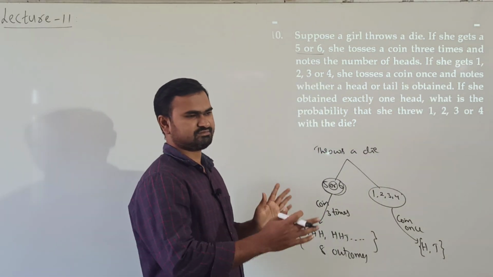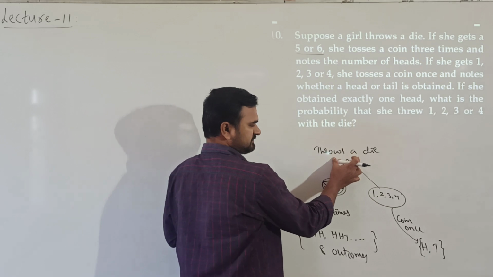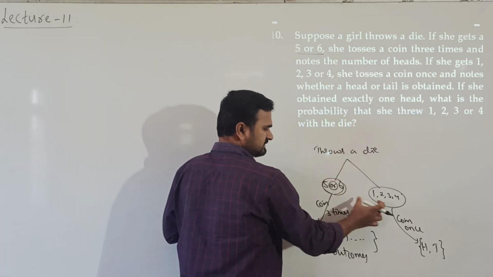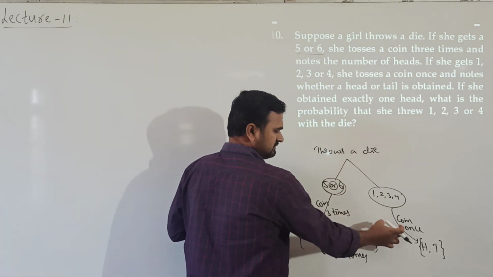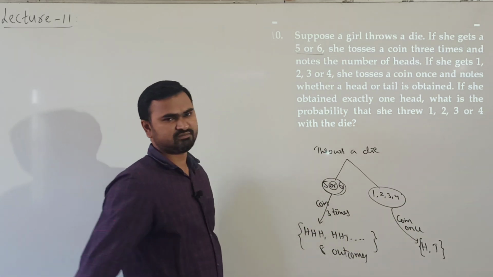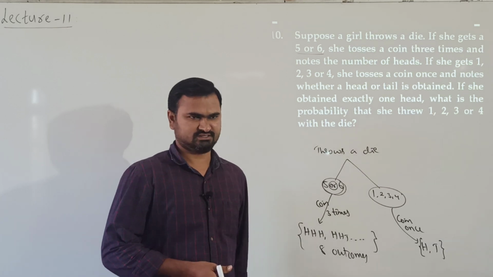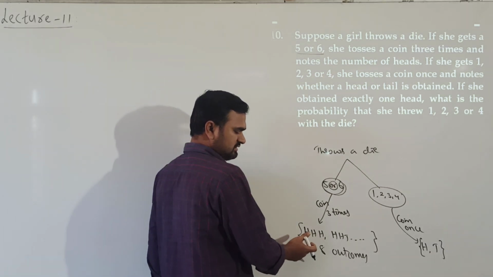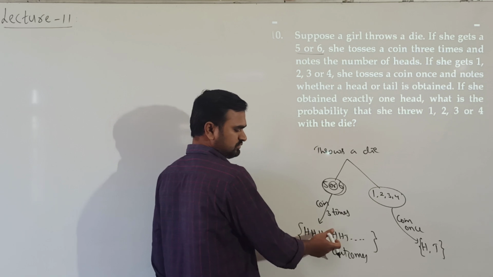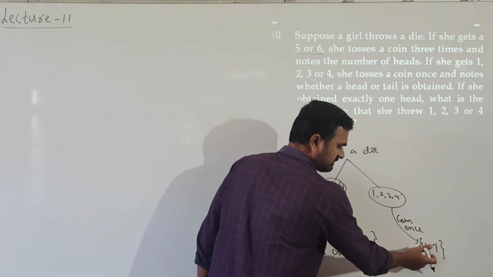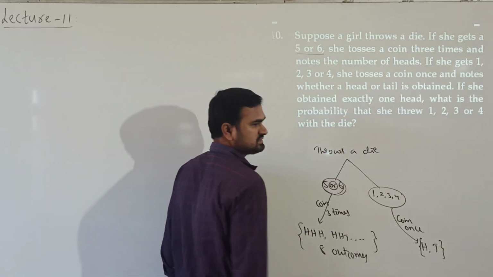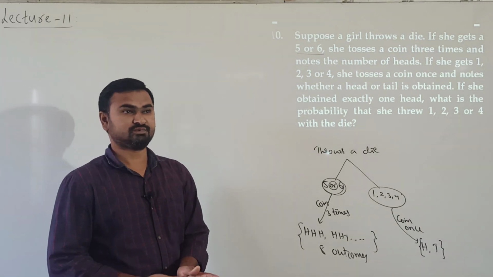So this is a conditional experiment: tossing a die first, and based on the result, tossing the coin once here, and 3 times there. What she is noting is the number of heads. Here the number of heads may be 3, 2, 1 or 0. Here the number of heads is either 1 or 0. That is the total possible cases.